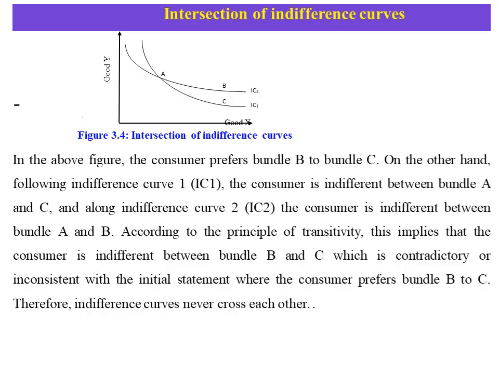You are indifferent between B and C. But as a principle, B is more than C. But because they cross each other, now the consumer is indifferent in choosing B or C. So they do not cross each other according to the property. If they cross, such a problem happens.